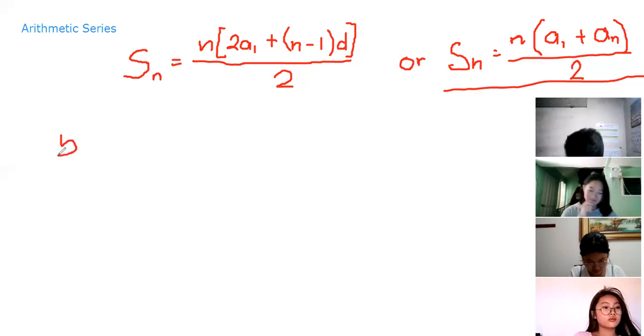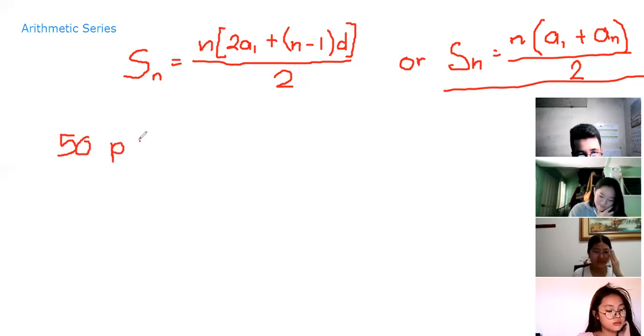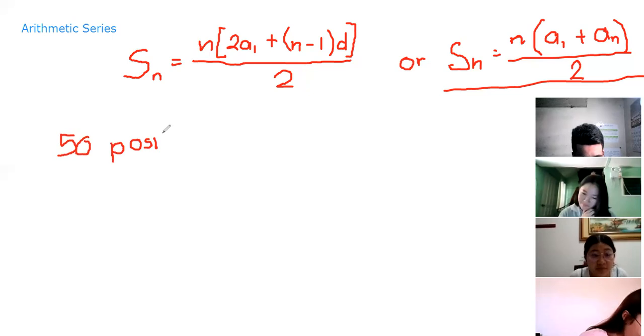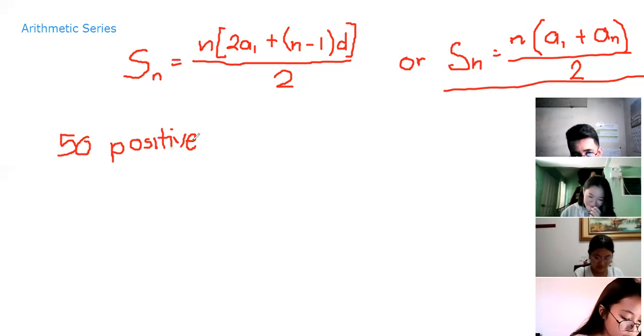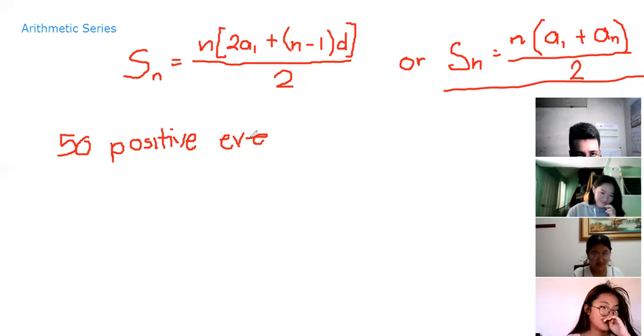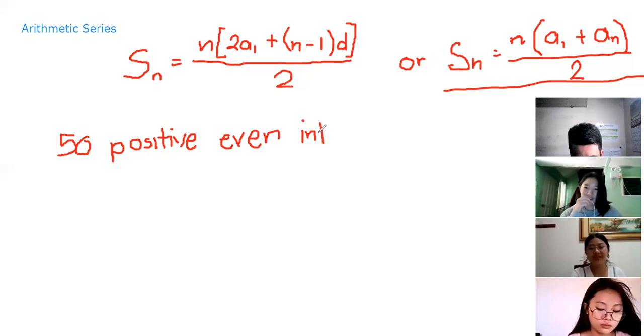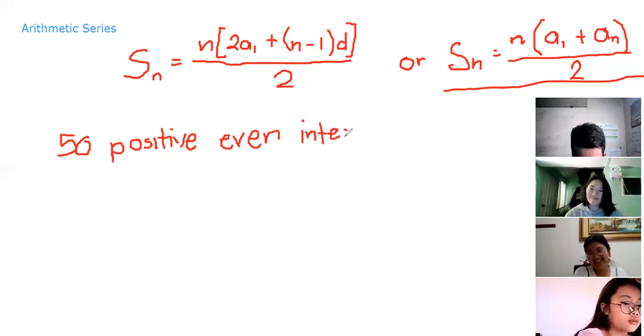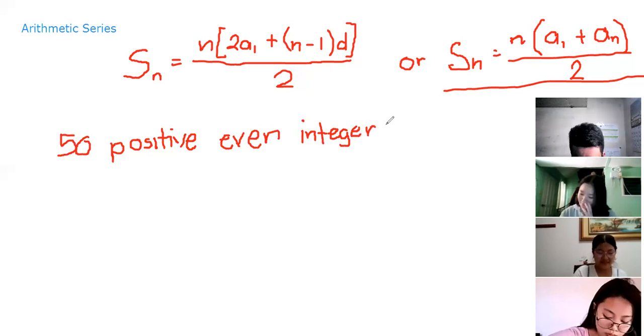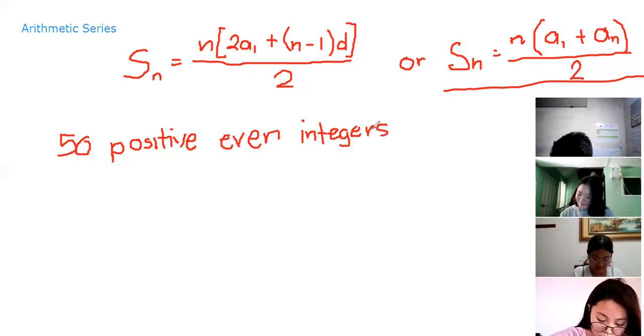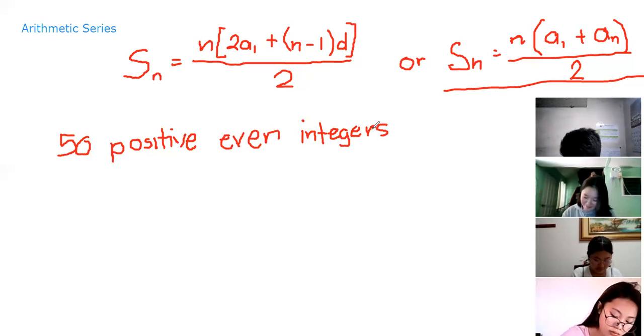Nakalagay first 50 positive even integers. Ano ba pag sinabing even numbers? Yung 2, 4, 6, 8. From a finite arithmetic sequence with the first term 2.